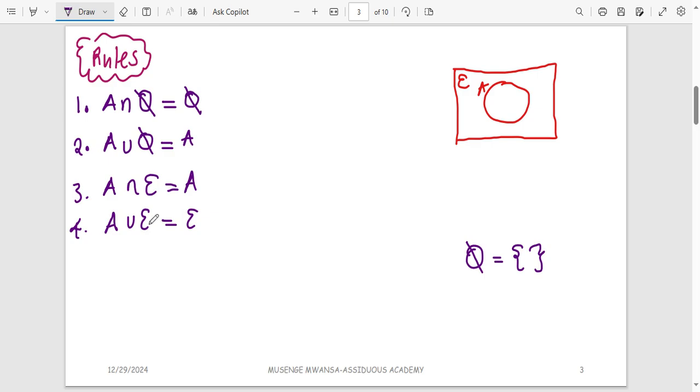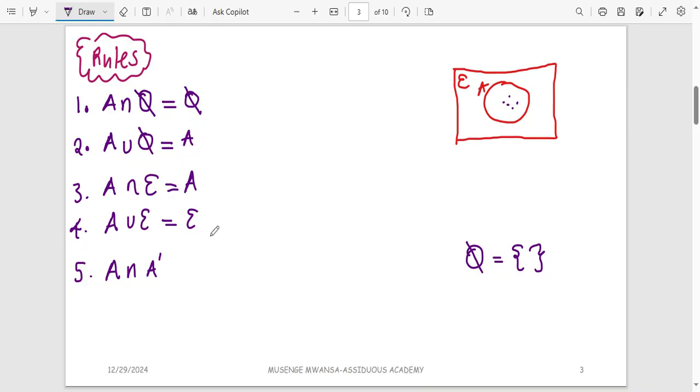Union means combining. Another thing you need to know is when you intersect a set with what is outside that same set. Look at this set A. What can you see inside and at the same time outside? You can't find something inside and at the same time outside.